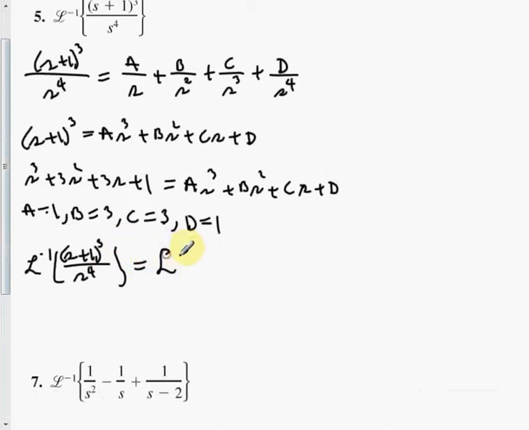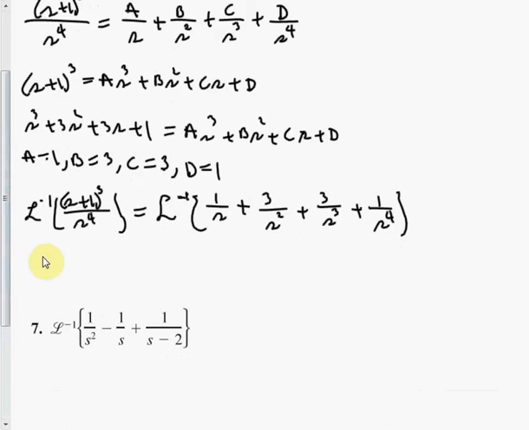That's equal to the inverse transform of all the parts. So this is a over s, where a is 1. So this is 1 over s. B is plus 3 over s squared, plus c is 3 over s to the third, plus d is 1 over s to the fourth.